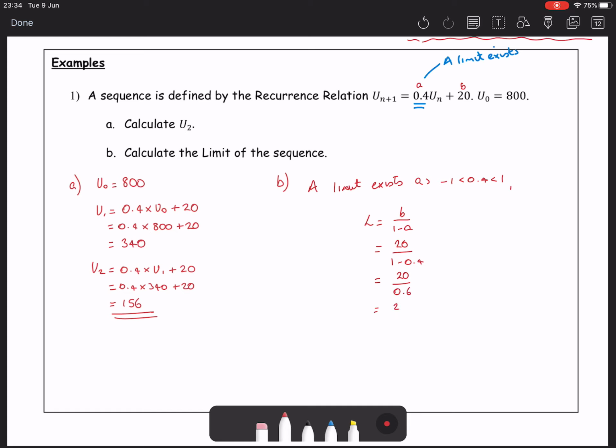Top and bottom by 10, 200 divided by 6, and that works out as 33 1/3. As always, we'd want to keep that as accurate as possible, so that is an exact fraction. It's not 33.3, it's 33 1/3. That's our exact limit. Calculate the limit of the sequence: 33 1/3.